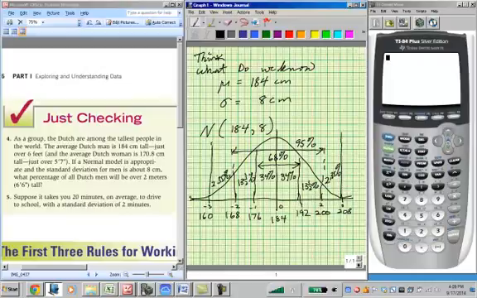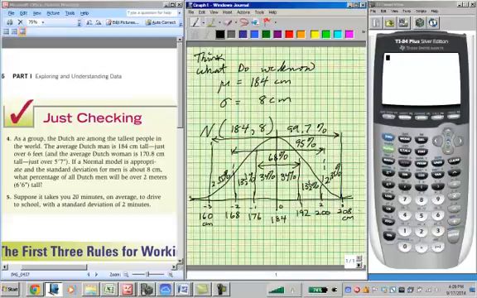Notice that I did not draw this to scale. So 99.7% of the population of Dutch men is between 160 centimeters, 3 standard deviations to the left, and 208 centimeters tall, 3 standard deviations to the right.